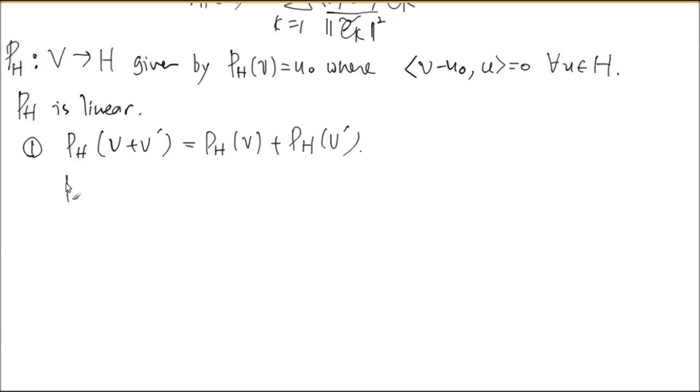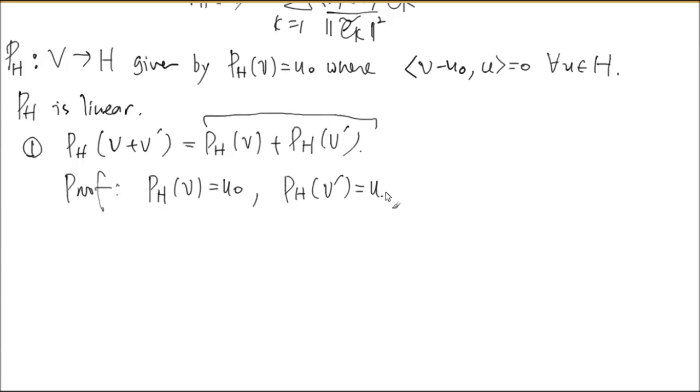So I think it's easier to prove this one. First, look at the right-hand side. We know the projection of V and the projection of V prime exist, right? So let's say the projection of V is going to be U0, and the projection of V prime is going to be U0 prime, right? And we have a condition: V minus U0, U is 0, and V prime minus U0 prime, U is always 0, where U varies over all of H, right?